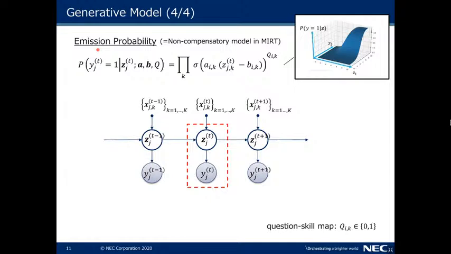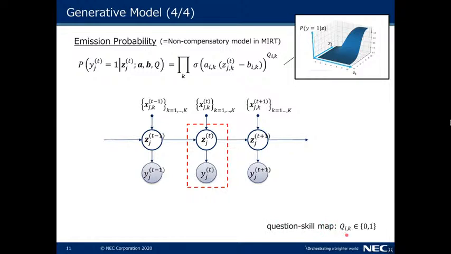We use a non-compensatory model in multidimensional IRT, which is represented as a product of sigmoid functions. Here, k is the index of skill. Z_jkt is the latent skill state of learner j and skill k at time step t, and b_ik is a difficulty parameter for question i and skill k, and a_ik is a slope parameter of the sigmoid function for problem i and skill k, and q_ik is the question skill map, which is 0 or 1.